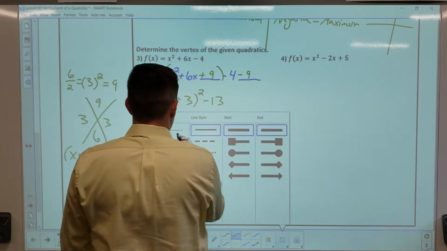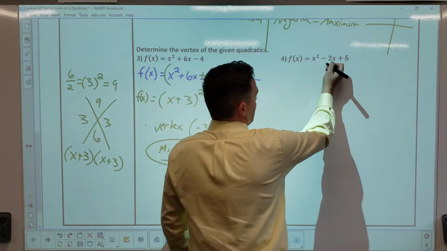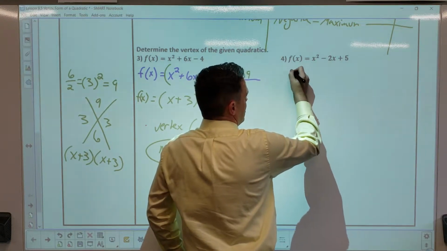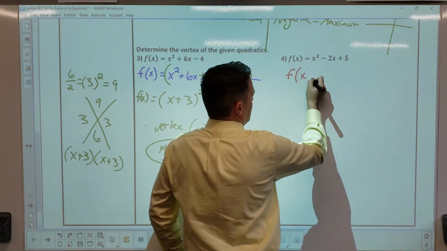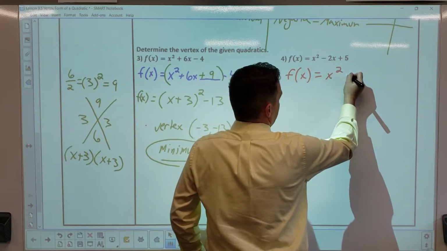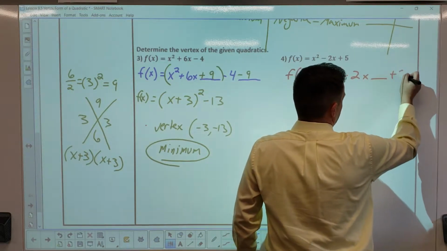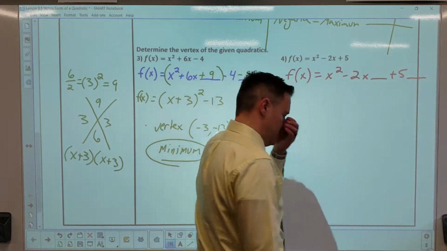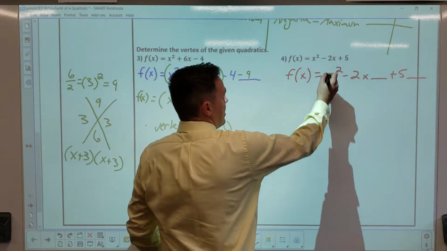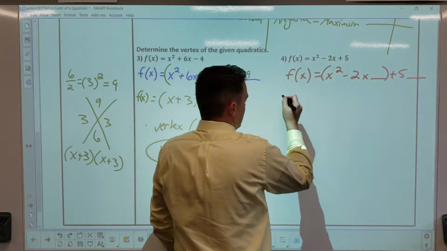When you do this setup here, ladies and gentlemen, you get the following setup. Okay, same thing. So it'd be f of x equals x squared minus 2x plus a number, plus 5, and then another number here. So if you do the bracket around it, set your values up.